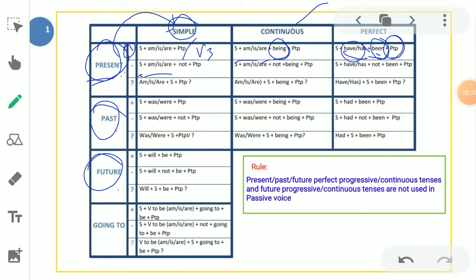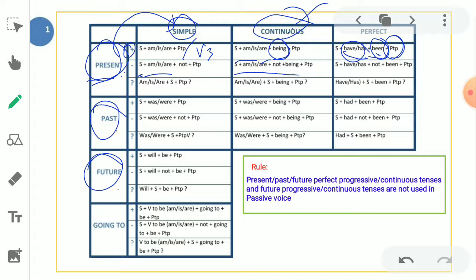Then continuous: subject plus am or is or are plus not plus being. Because of continuous, you have to use being plus V3 form.